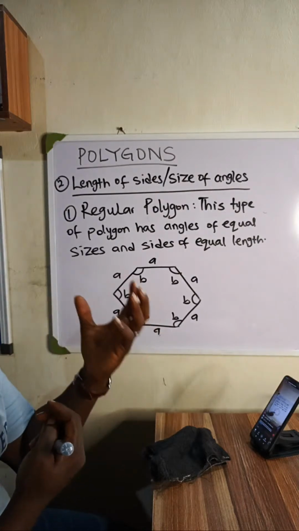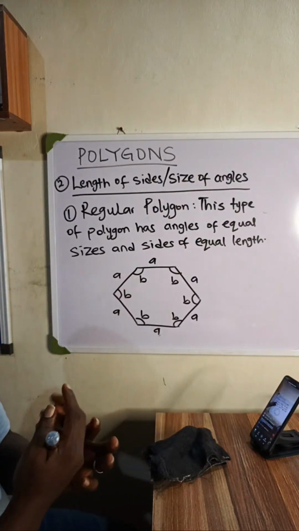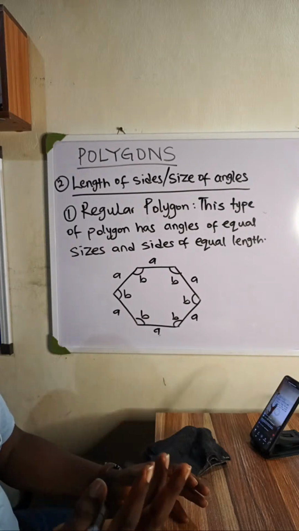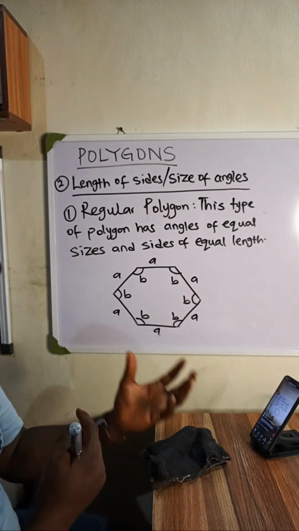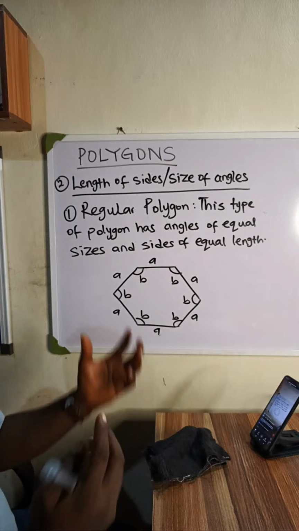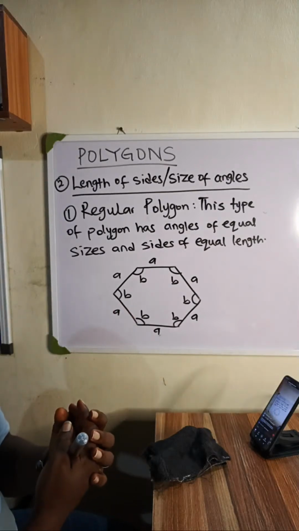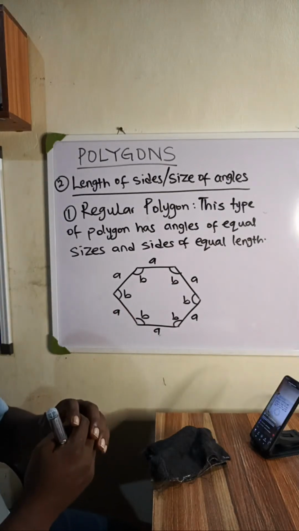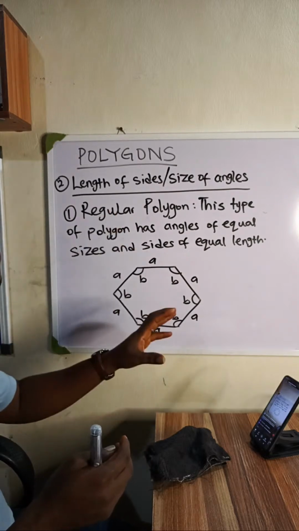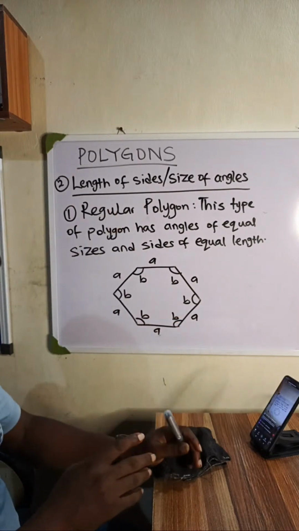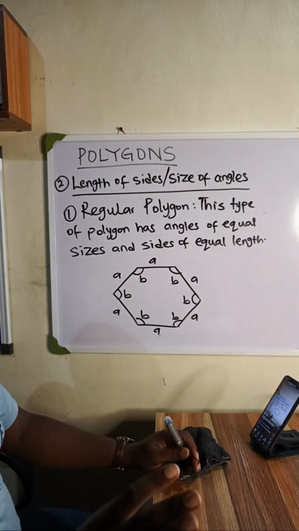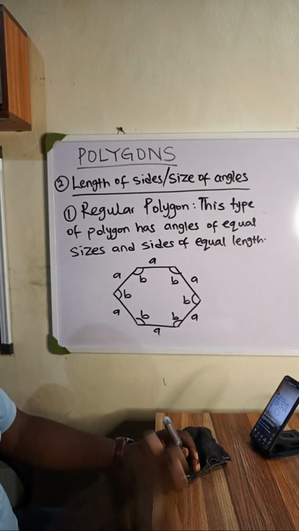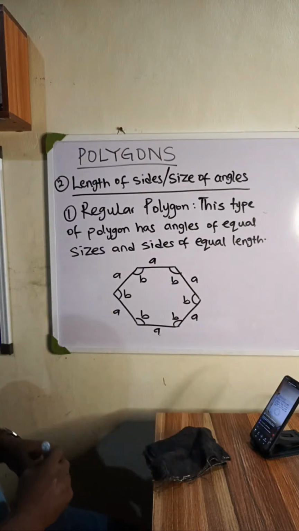So you can have a regular quadrilateral, a regular pentagon, a regular octagon. You can classify a polygon based on the number of sides, then classify it based on the equality of the sides and angles.